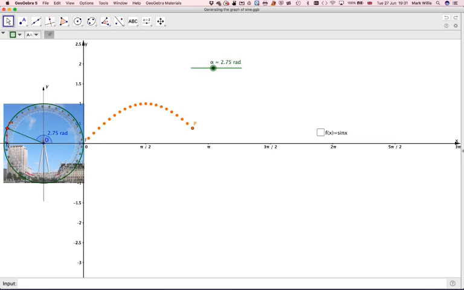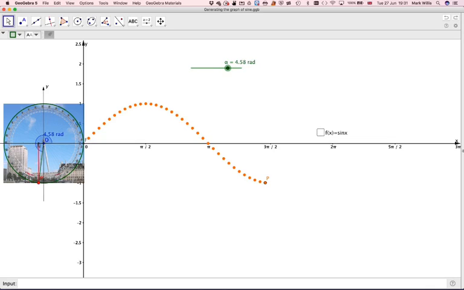And if we move around, we can see at this particular point at 180 degrees, so we've gone around 180 degrees or pi radians, then this distance becomes 0. Then in the third quadrant, you can see that sine is negative, because we've gone below the axis here. This distance is negative.